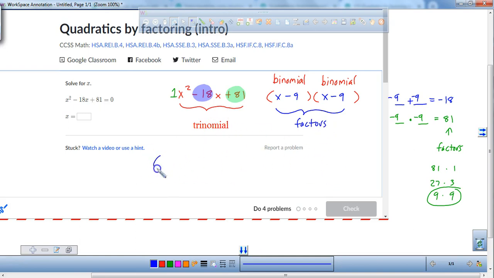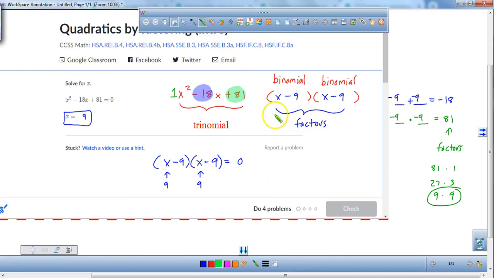So if we write it as x minus 9 times x minus 9 equals 0, ask yourself, what number would you have to plug in right here to make it equal to 0? Well, there's only one number that'll work, a positive 9. I'm going to write x equals 9 as my answer.